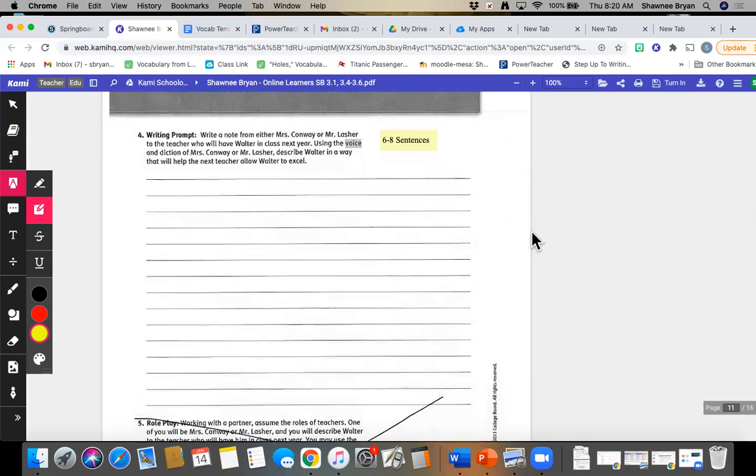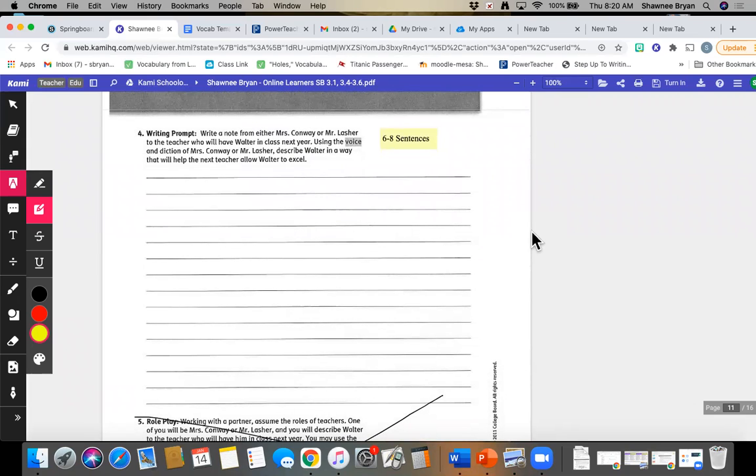Continuing on here with 3.4, you have a writing prompt. Write a note from either Mrs. Conway or Mr. Lasher to the teacher who will have Walter in class next year. Using the voice and diction of Mrs. Conway or Mr. Lasher, describe Walter in a way that will help the next teacher allow Walter to excel.